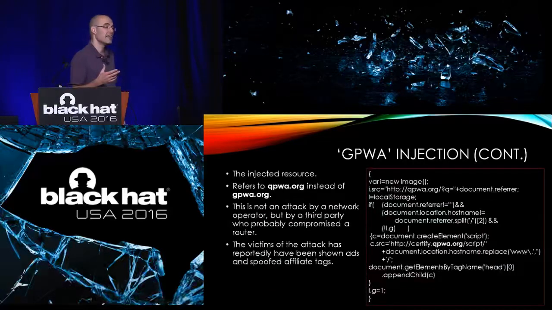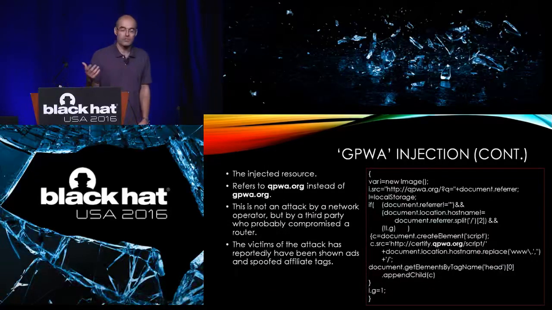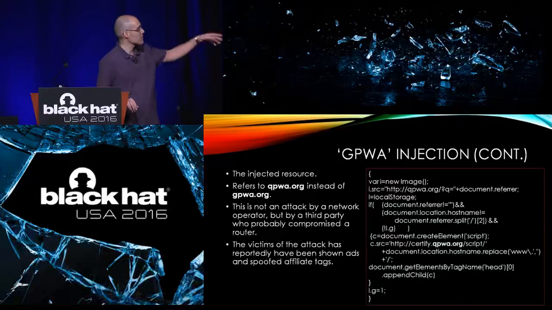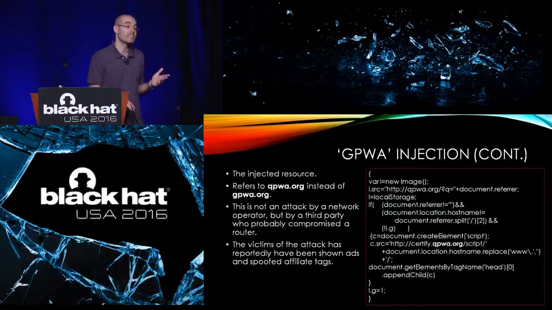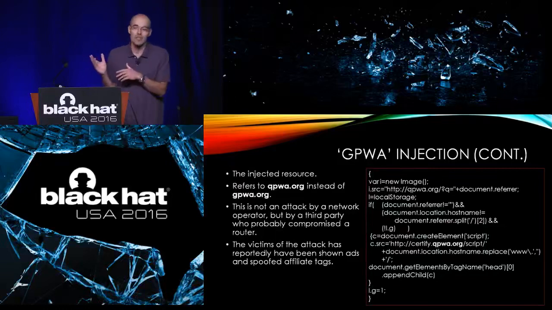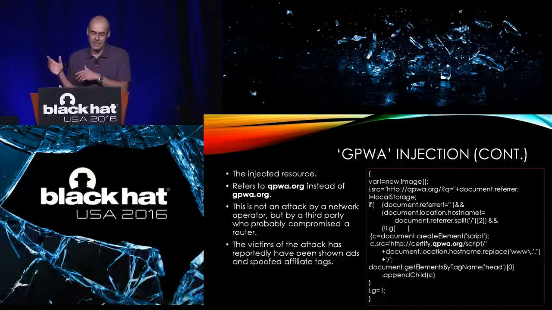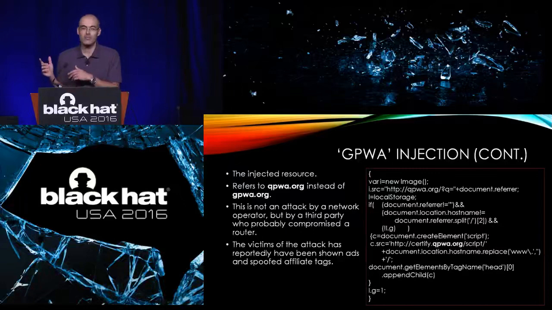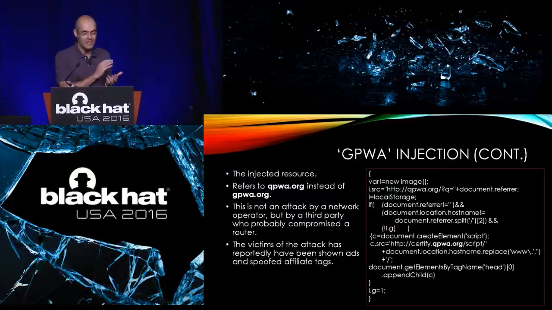And the injected response, the forged response the user got, is actually JavaScript, which, as you can see here, the JavaScript on the right simply redirects the user to another JavaScript, but this time it is located at the domain qpwa.org, which is suspiciously similar to gpwa.org.